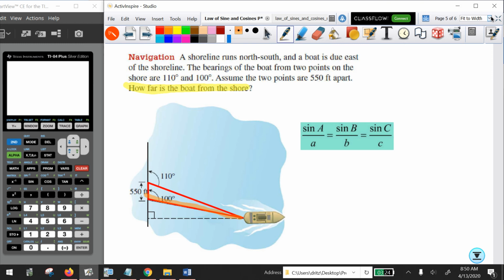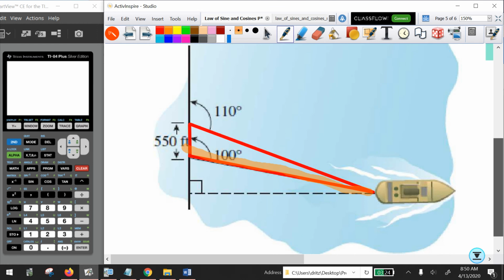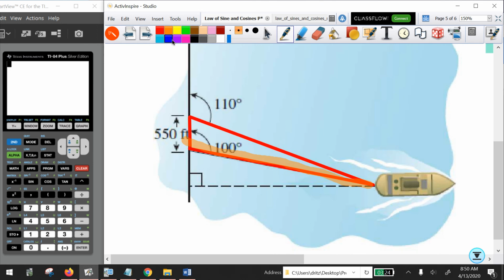Going to first determine every missing angle measurement by using the fact that angles on a straight line add up to 180 degrees. So this is a straight line right here, which makes this missing angle 80 degrees. This is a straight line right here, which makes this missing angle 70 degrees, because 70 plus 110 is 180. 80 plus 100 is 180.